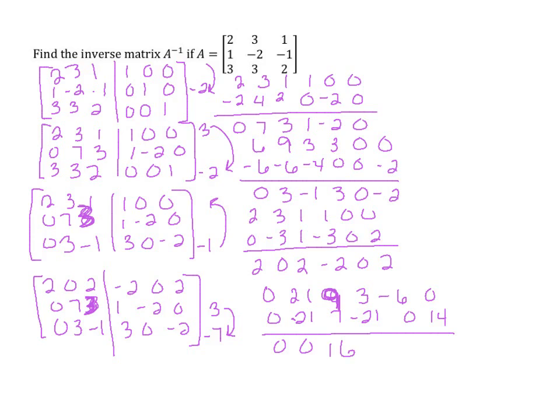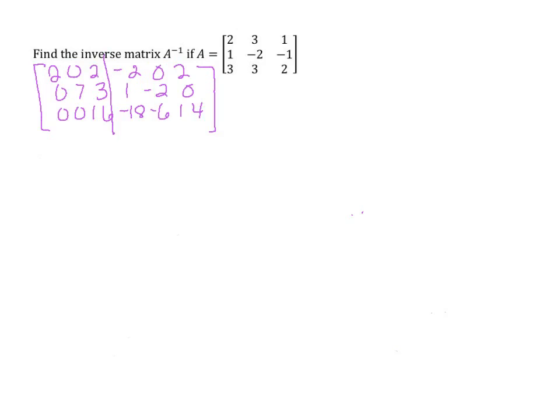There we go. -18, -6, and 14. So this is going to replace my bottom row. At this time I'm going to erase and then we'll continue on. So I replaced our bottom row with 0, 0, 16, -18, -6, and 14.